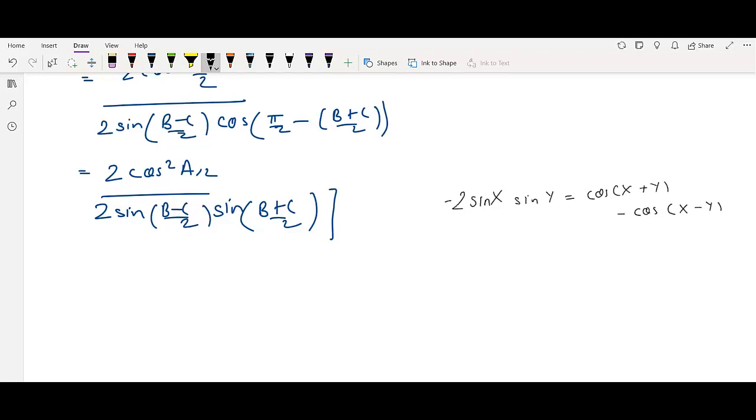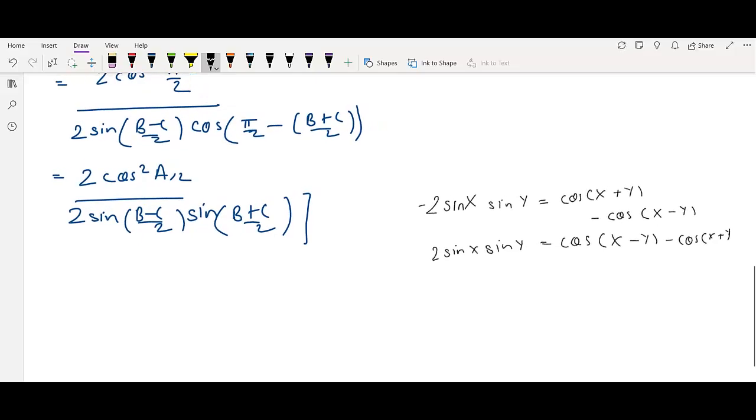So I can write 2 sine x sine y as cos of x minus y minus cos of x plus y, right? I just sent this negative sign here and that flipped the signs of these cos.